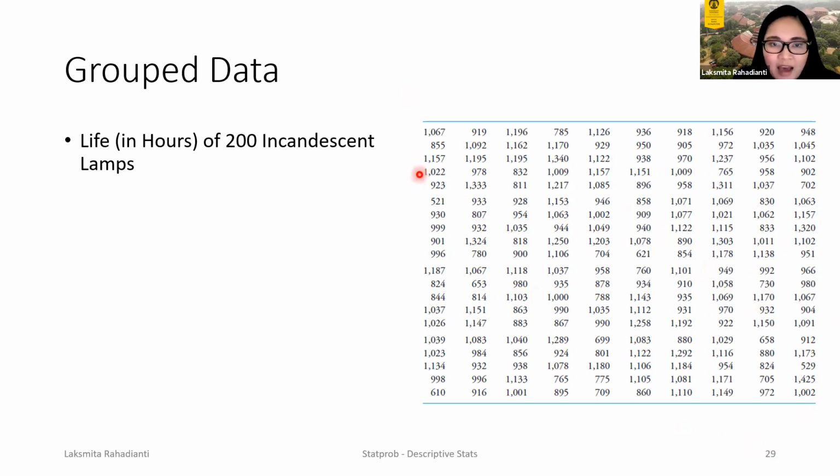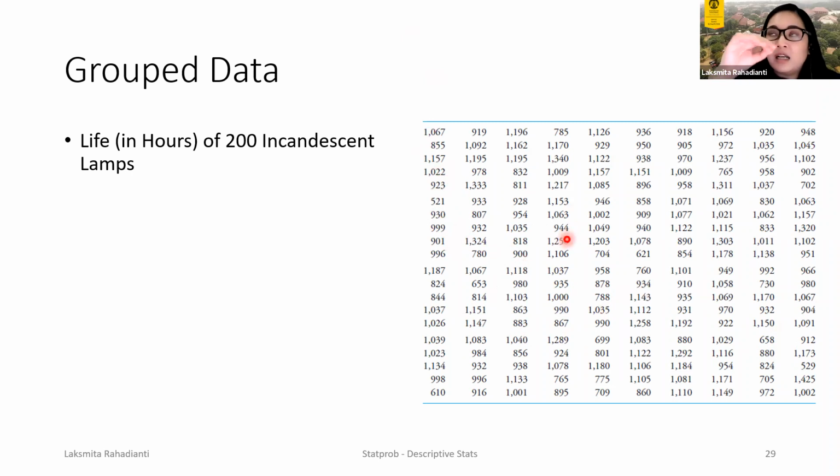As you can see, I have a high value of 1,157. I also have lower values of 658. So it doesn't really make sense for me to actually list every single possible value from 658 until 1,157. It would just be a waste.